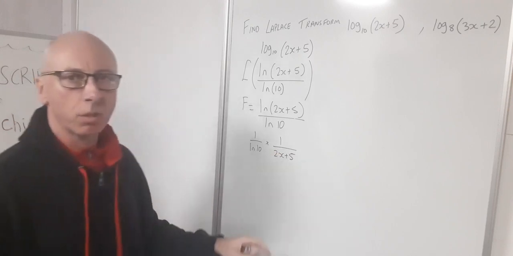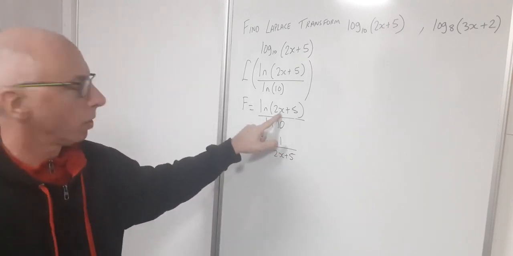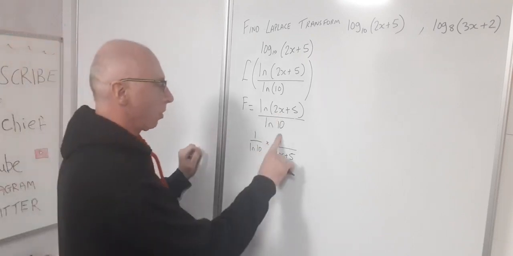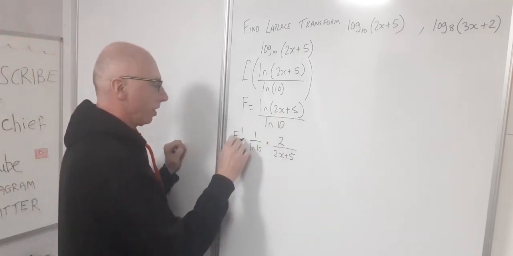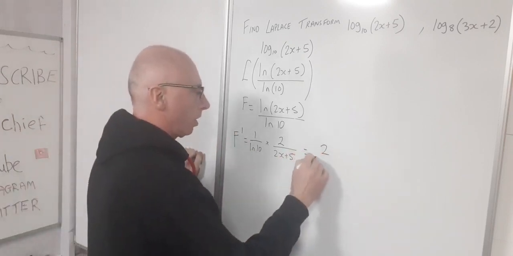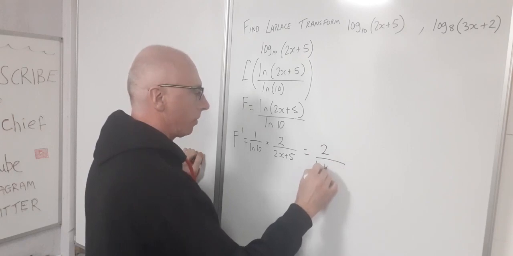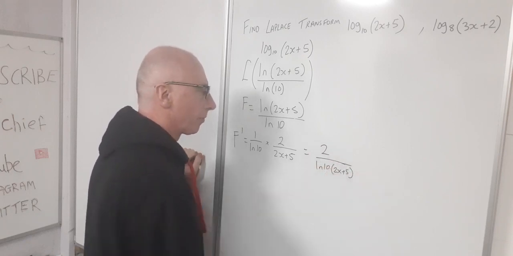And then by the chain rule, we multiply by the derivative of 2x plus 5, which is just 2. So this is our derivative, which becomes 2 over ln of 10 times 2x plus 5.